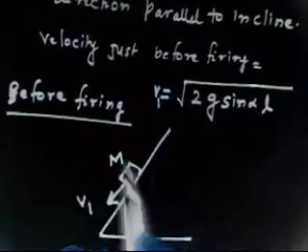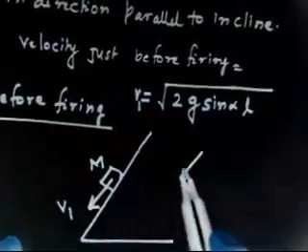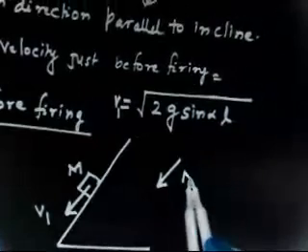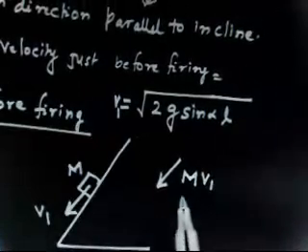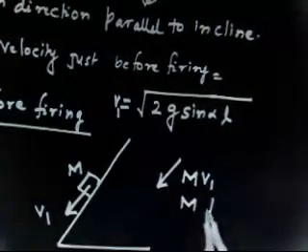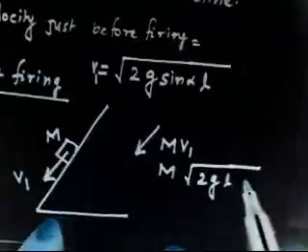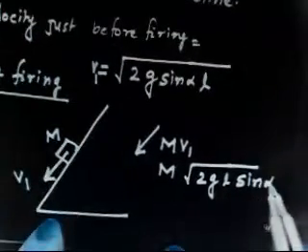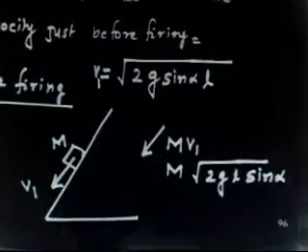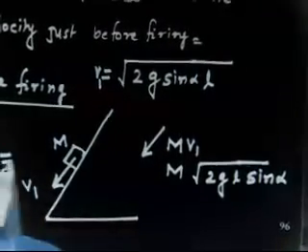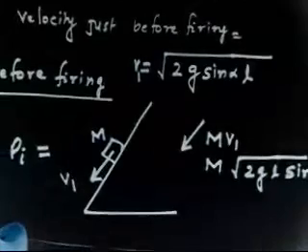Total mass is M. So momentum in the inclined direction, that is in this direction, will be M v1, and v1 is nothing but under root 2gL sin alpha. So this is the initial momentum you have before the firing, in the inclined direction. Are you getting?